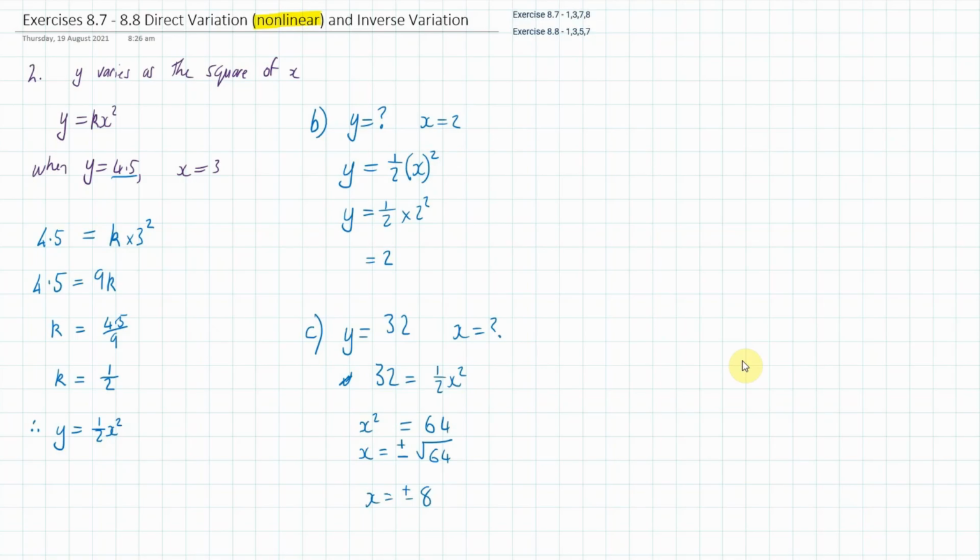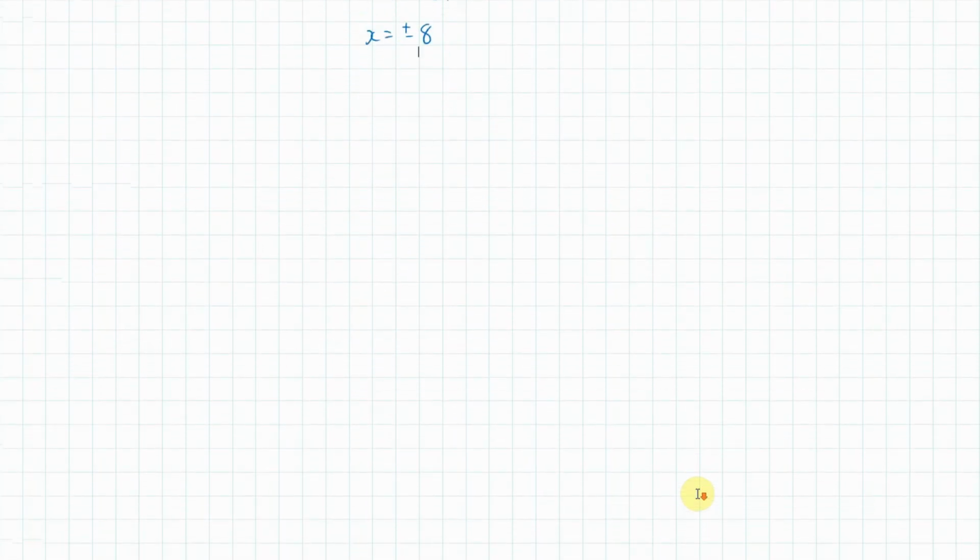That's a quick talk about nonlinear variation. Let's now talk about inverse variation, or inverse proportion.